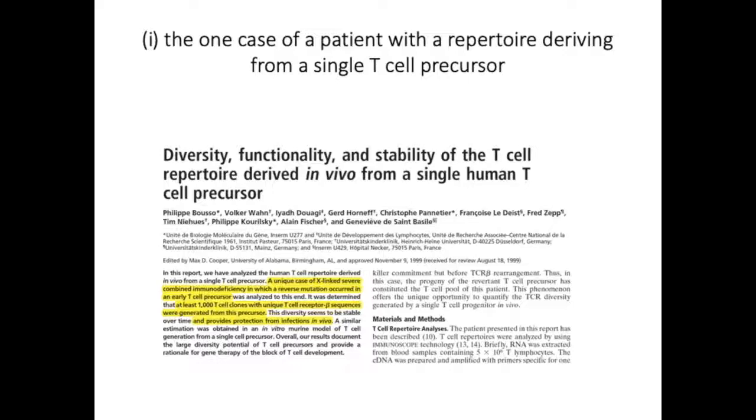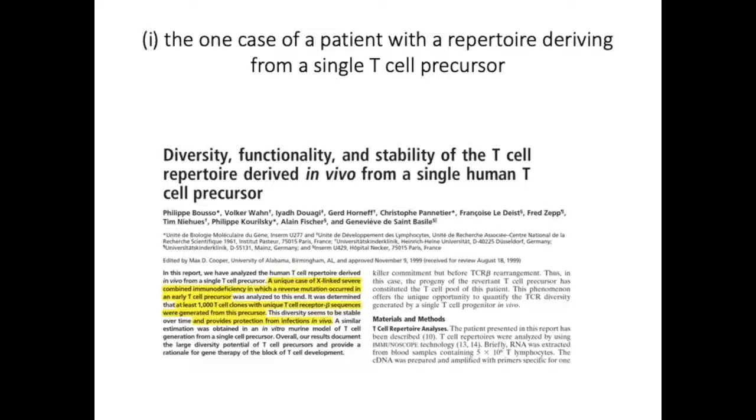This is interesting because that person had an X-linked severe combined immunodeficiency, and had this reversal. It was estimated, at the time there was of course no NGS, that there were really a few cells with different TCR betas.